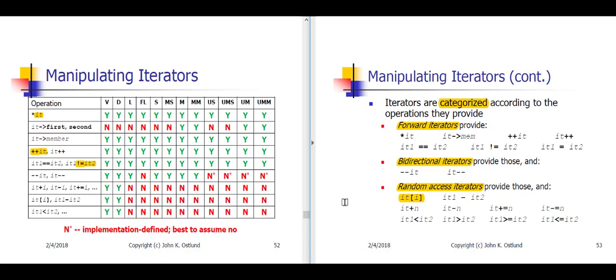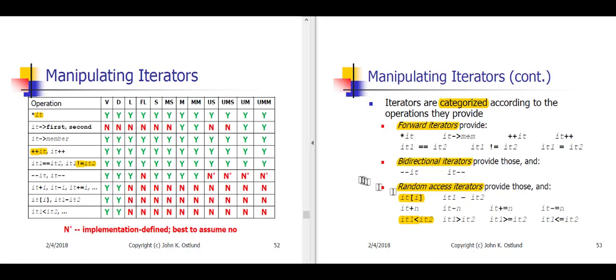A bidirectional iterator allows you to not only move forward through the container, but also to move backward through the container. And a random access iterator is an iterator that allows you not only to move forward and backward, but also allows you to access arbitrary elements using subscripts. You can also do things like comparing whether one random access iterator is less than another one, and so on.